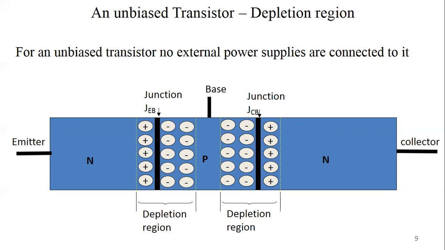Now, to overcome this depletion region, we have to apply the threshold voltage of 0.7 volt, and according to that, we turn those junctions on and off. We are going to apply certain potential across those junctions, and we do that by applying certain voltage between the base emitter and the base collector.